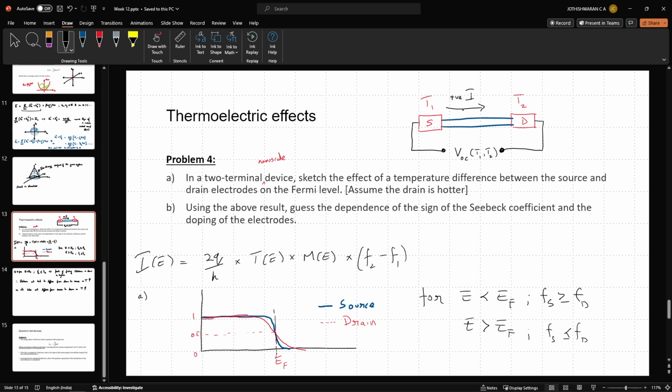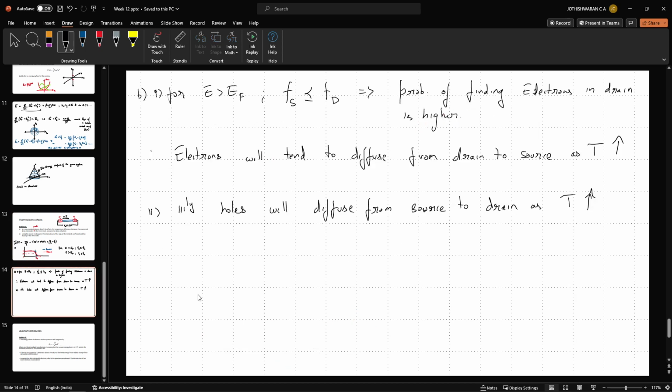So if holes move from source to drain, we have a positive current. If electrons move from drain to source, we also have a positive current. So what needs to be understood is this potential. As temperature increases, I will get a more and more positive potential in the case of a hole rich material.